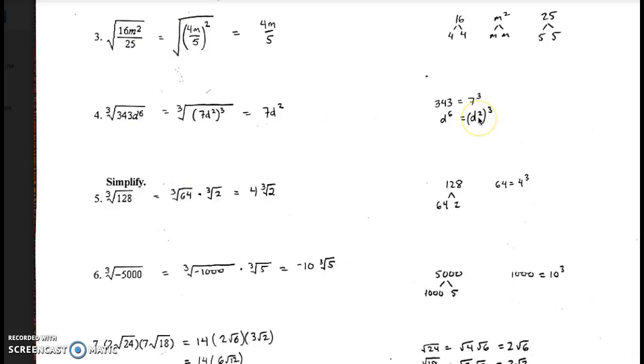Using another property from the exponent properties poster, I realized if I made this inside thing d squared, so if I have d squared to the third, you are multiplying exponents. 2 times 3 gives you the 6. So I now have it set up as something to the third and something to the third. I'm taking each of those pieces, 7 and d squared, putting them together and raising them to the third power. Then the third power and the cube root cancel each other out, and we're left with just 7d squared. This time we do not need an absolute value because the index is odd.